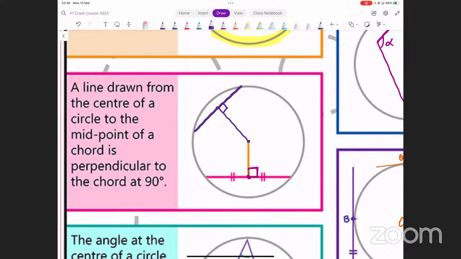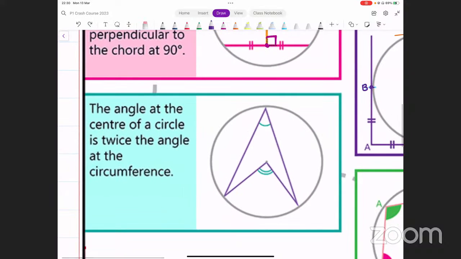If the angle that the center is making at a point on a chord is equal to 90 degrees, then this point has to be the midpoint. It can't be any other point. If you know that the angle is 90, then that point has to be the midpoint. All right, so that's another important property that you need to know about. Let's move on.